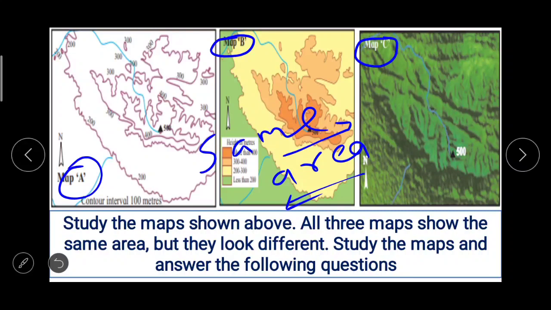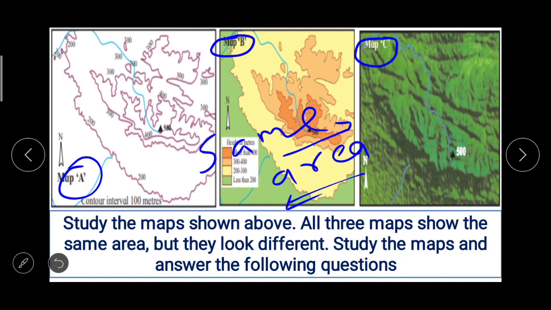The questions given in our textbook, I'll just read them for you. Then you people try to answer the questions by yourself. First question, in map A, how has the height of the land been shown? Height किस तरह से दिखाई गई है map A में is the question. Why have colors been used in map B, जो कि map A में नहीं है?